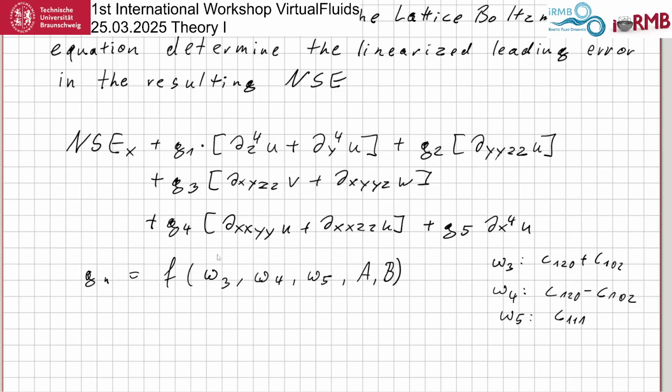Right, so the leading order error depends only on the rates of the third order moment. I have to say, even though I'm getting up my time, the question whether you could choose the relaxation rates in a specific way to get rid of all the errors has been around for 25 years.